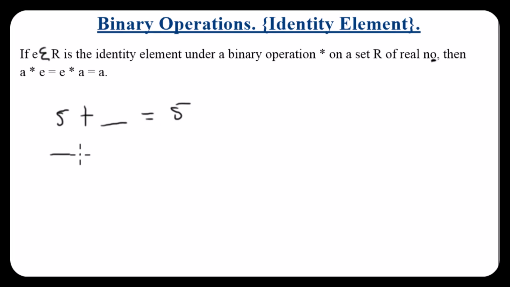Or what do I need to add 5 to, again, that gets me 5? Once I know the number that I need to add to 5 that gets me 5, that becomes the identity element. For addition, we know our identity element has to be 0 because 5 plus 0 gives us 5, or 0 plus 5 gives us 5.